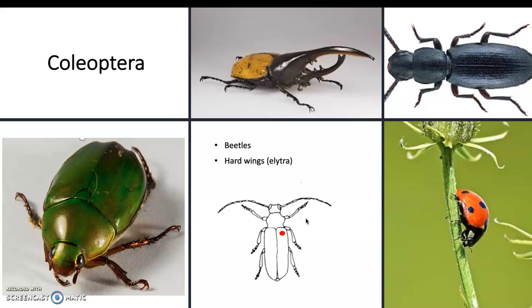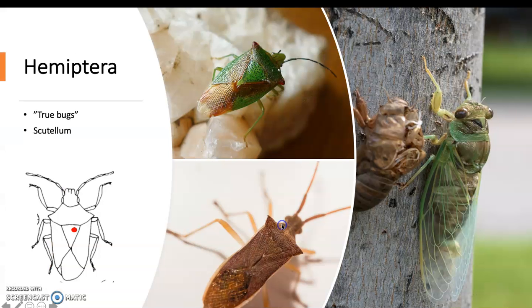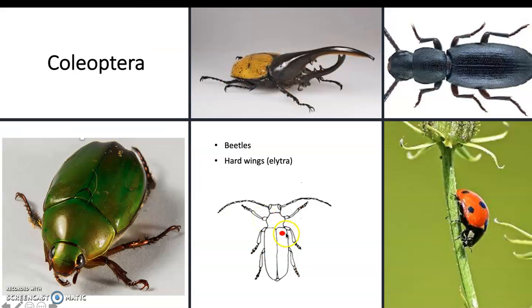They have these hard wings, which fancy word is elytra, but these hard wings cover the soft second pair of wings underneath, and you will put the pin through the top of the abdomen on top of the wing on the right side.